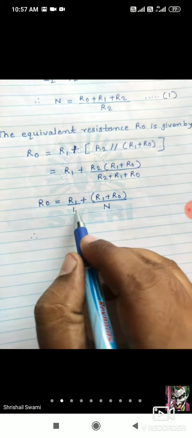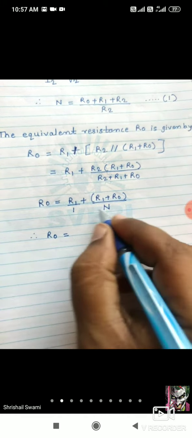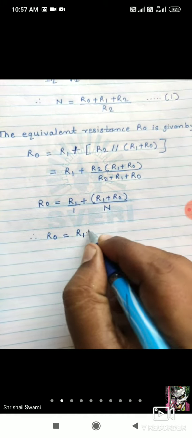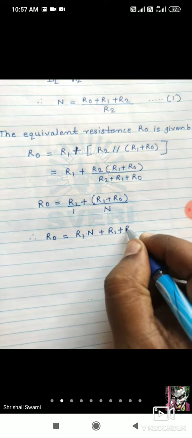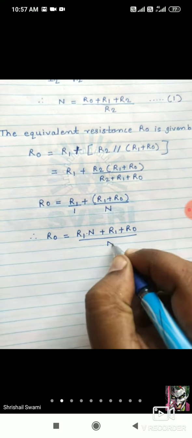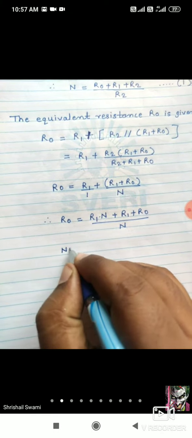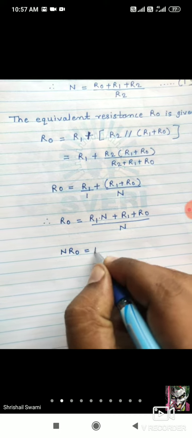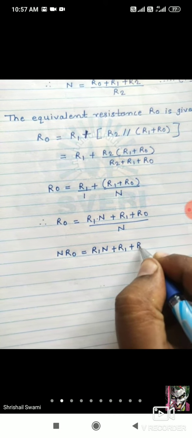The denominator is not the same, so take the LCM. R0 is equal to, take LCM, that is R1 into N plus 1 into this one, that is R1 plus R0, divided by N. Now N is multiplied here, that is N R0 is equal to R1 into N plus R1 plus R0.